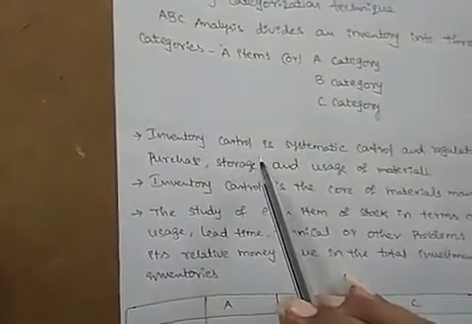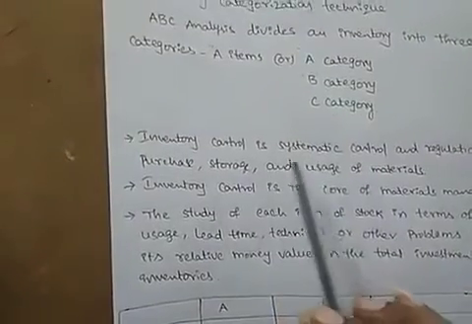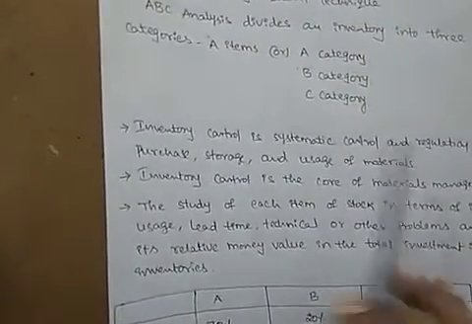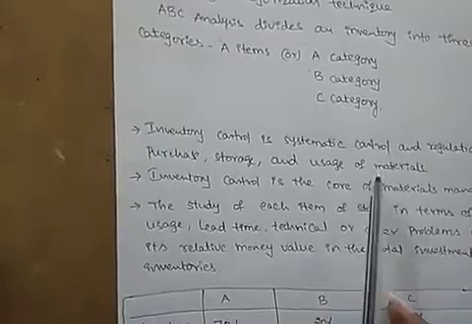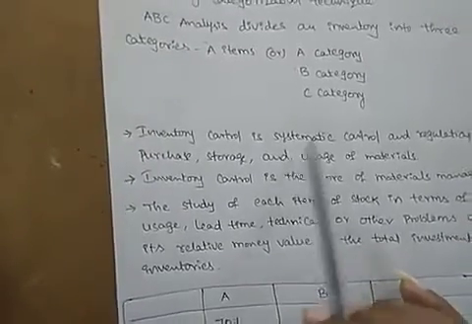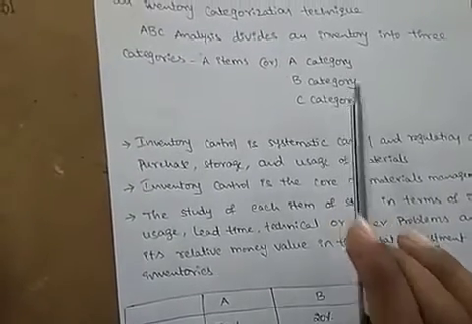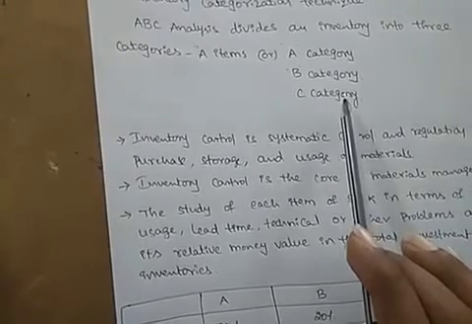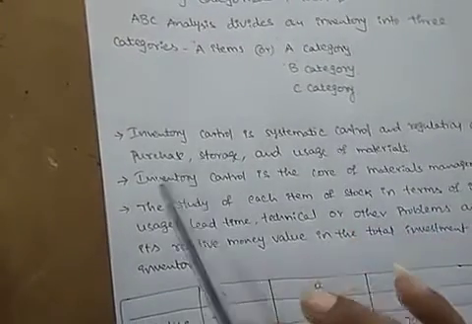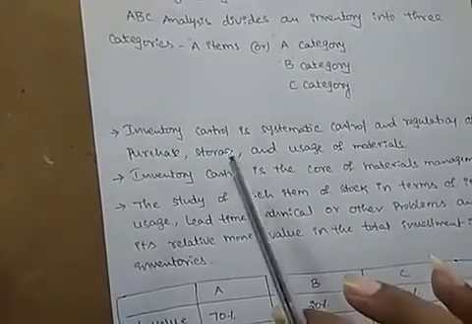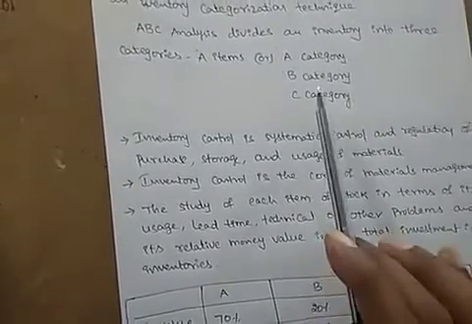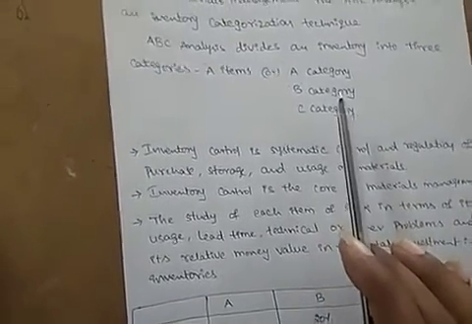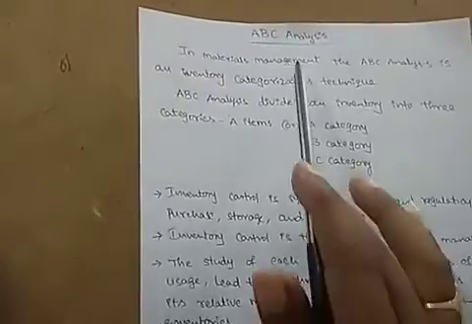Inventory control is the systematic control and regulation of purchase, storage, and usage of materials. When the organization has categorized these three categories, purchasing, storage, and usage of materials become very easy when they go for the ABC analysis.